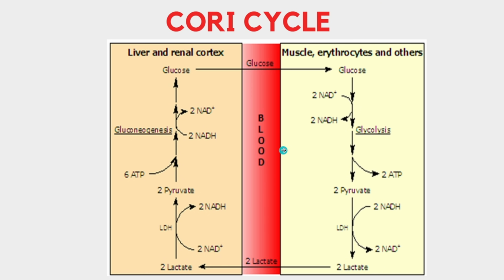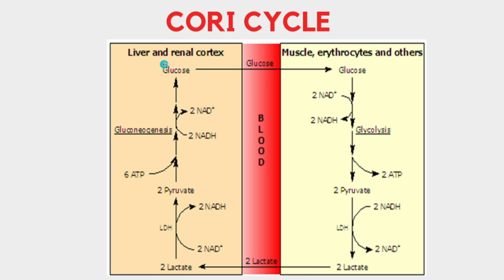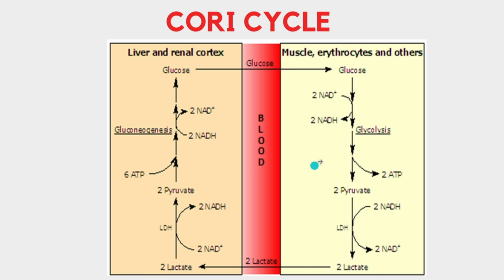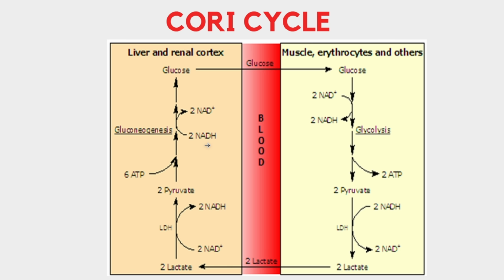So gluconeogenesis will recycle this lactic acid into glucose. The lactic acid from the muscle will diffuse into the blood, and the blood will transport it into the liver.